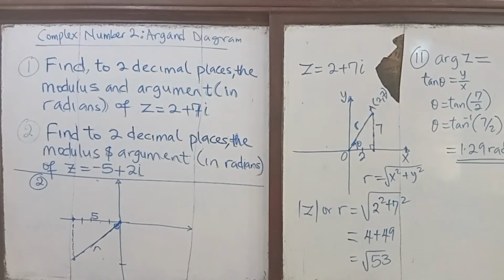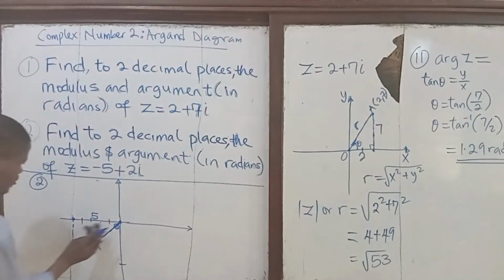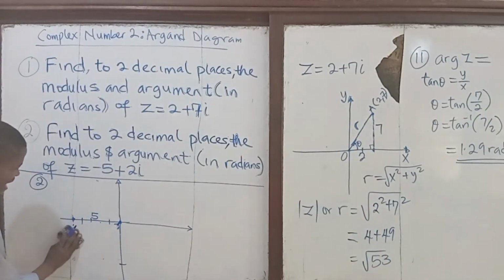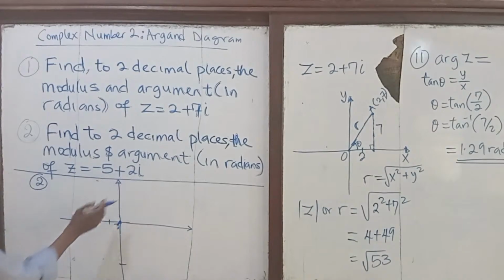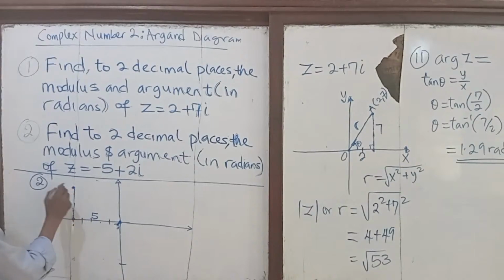Okay, -5. When it's 5, you go up. Your y is at 2, so you go up. So that's 2. Let's call it point C, that's -5, comma 2.